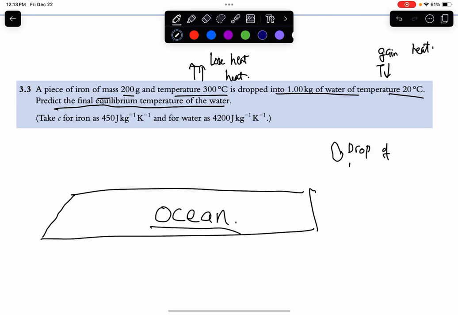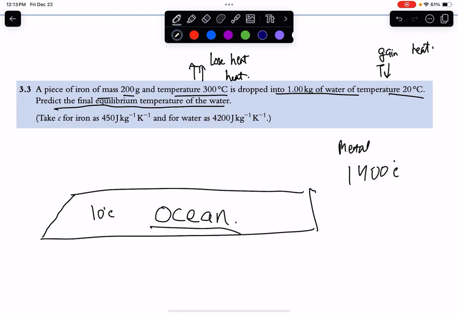Let's say the average temperature of the ocean is 10 degrees Celsius. And let's say this is a small piece of metal, and it's at 1400 degrees Celsius.